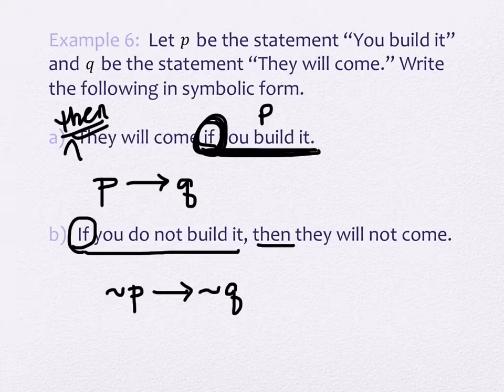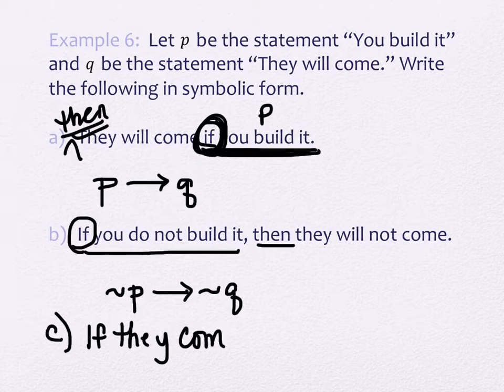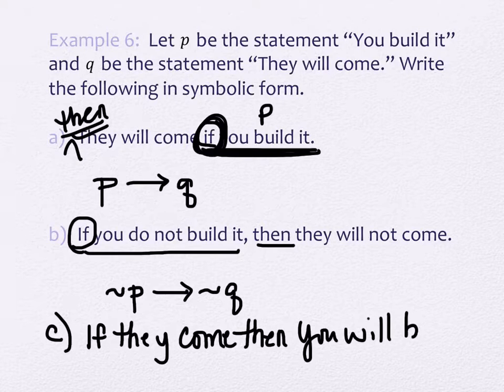Well, do we write it as it's always P then Q? Okay, let me write you another sentence. Let's say that this sentence says, if they come, then you will build it, or did build it. I don't care about the English structure of the past tense or anything like that. That's not my concern.